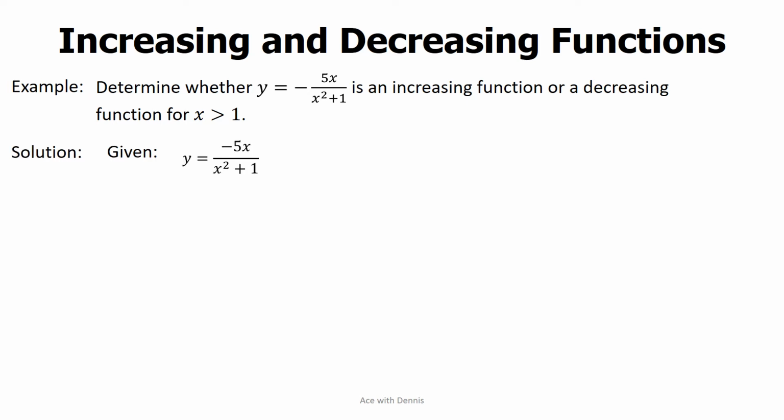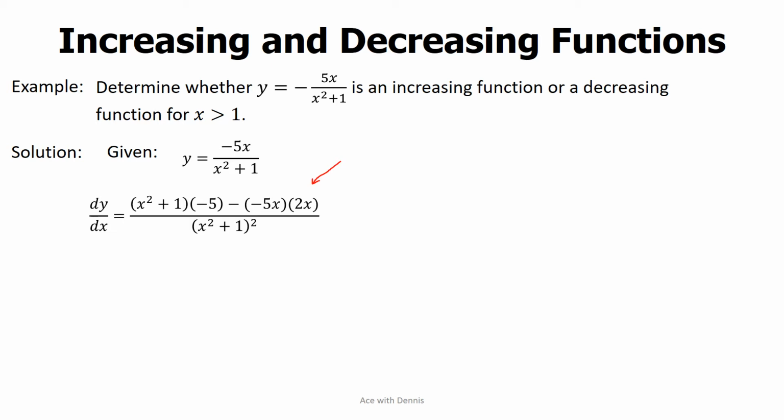Given the equation y equals -5x over x squared plus 1, we want to differentiate this equation. We can apply the quotient rule, which becomes (x squared plus 1) times -5 minus (-5x) times 2x, over (x squared plus 1) squared. How do we get this?